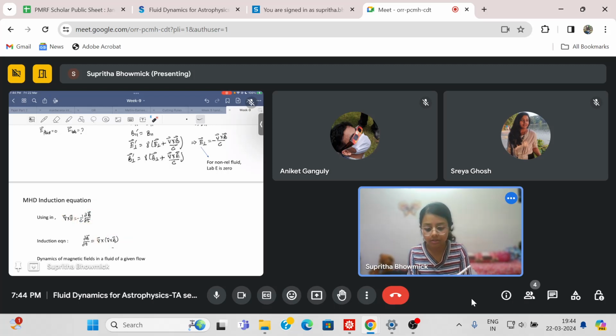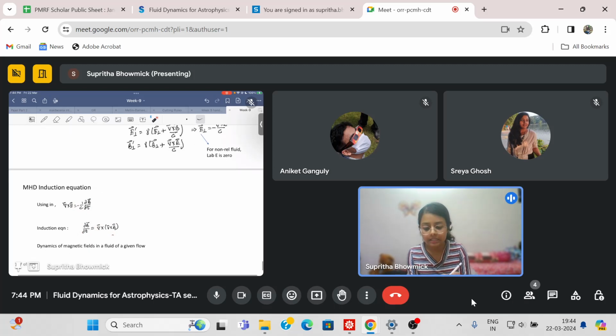Minus 1 by C cancels to give you del B del T equals curl of V cross B. This tells you the dynamics of the magnetic field in the lab frame, how the dynamics depends on the existing magnetic field and the fluid flow profile. And it's very important because now you can ignore E and you know everything about the B dynamics. This is the induction equation. Okay.